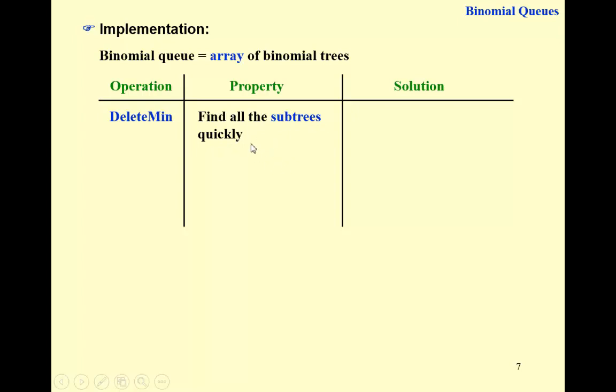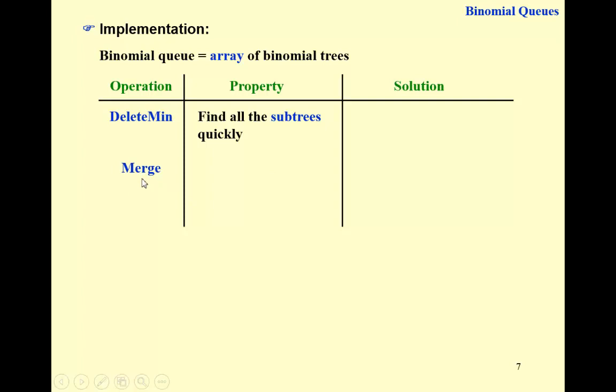When we delete the root of B_k, we must be able to create a new heap in log n time. That is, each child must be visited once to guarantee that delete min can be done in log n time, right? So we must be able to find all the subtrees quickly.